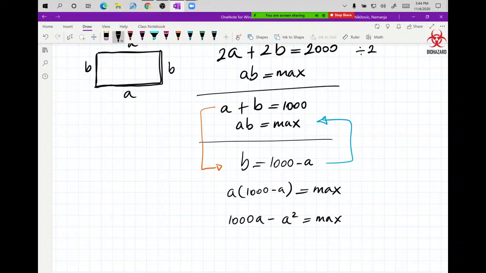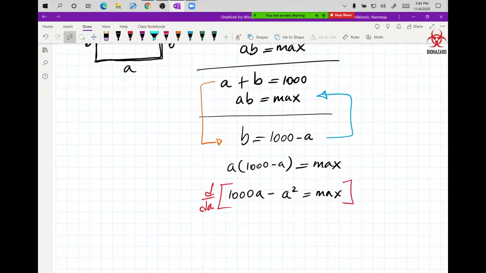And then we are going to hit this with the derivative. Now please be careful: take the derivative with respect to the variable you have. So it's d/da this time around, and that's going to be 1000 minus 2a. Again, the derivative of the maximum is equal to 0.